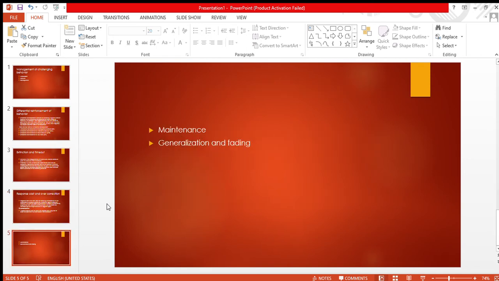Next, we have maintenance, generalization, and fading of behaviors. Maintenance of behavior means whatever we want the child or student to follow, we maintain by giving continuous instructions, meanwhile checking whether they are performing in the same way or not. Like our PT teachers, hostel warden, our dad, your parent, your teacher, your principal, they will come and check whether the instructions are maintained.